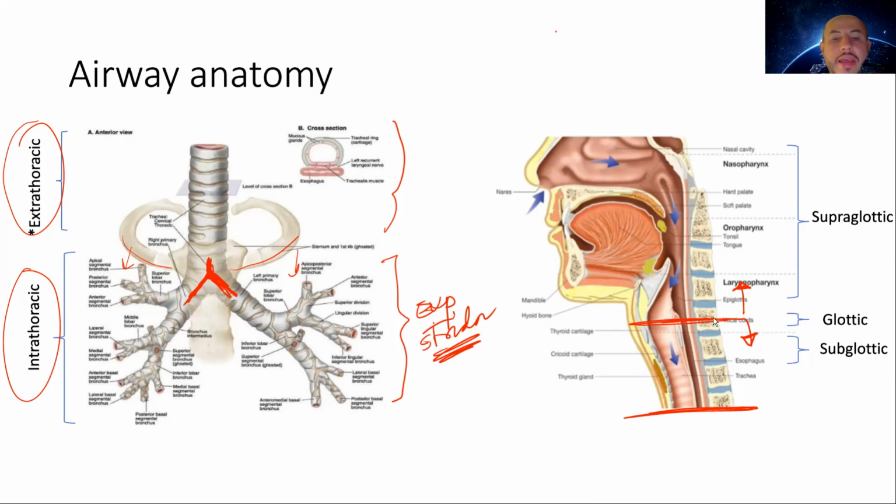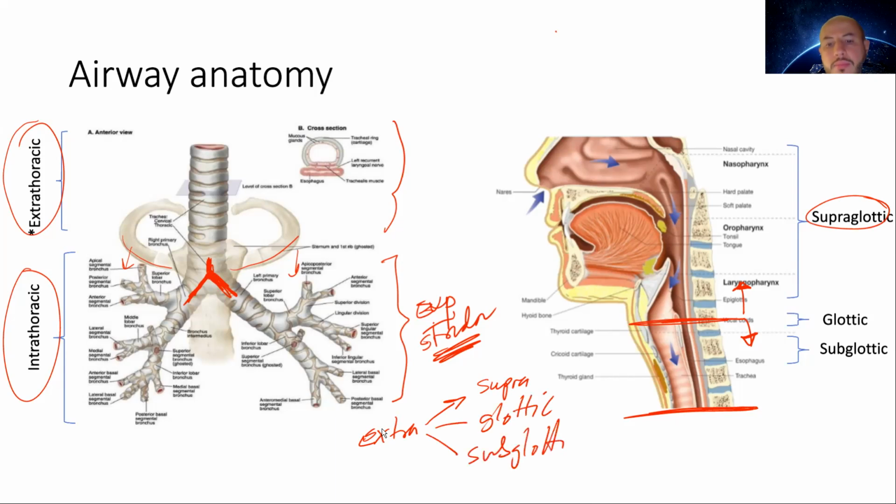So let's divide the extrathoracic. The extrathoracic is classified into supraglottic, glottic, and subglottic. The supraglottic area includes the nasopharynx, oropharynx, and laryngopharynx.